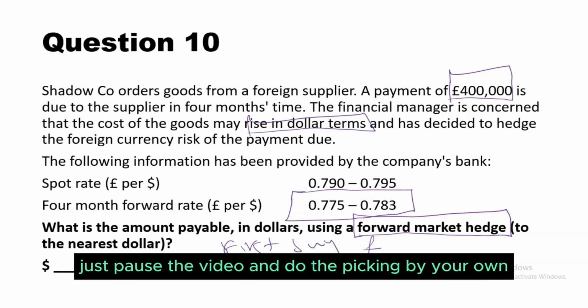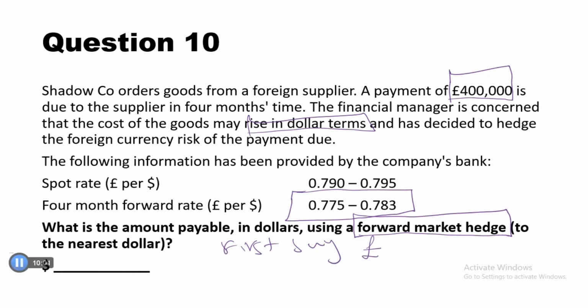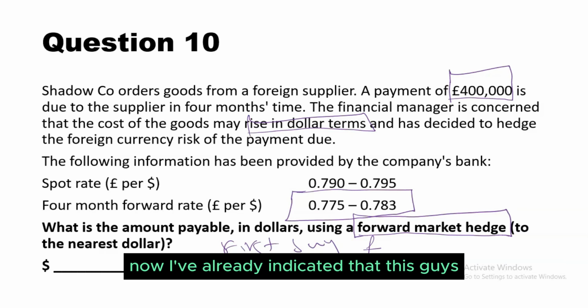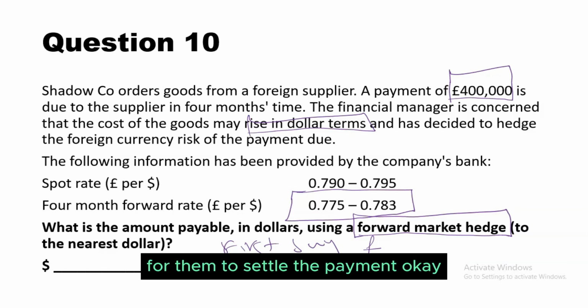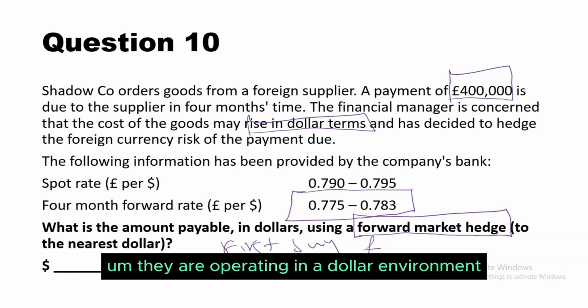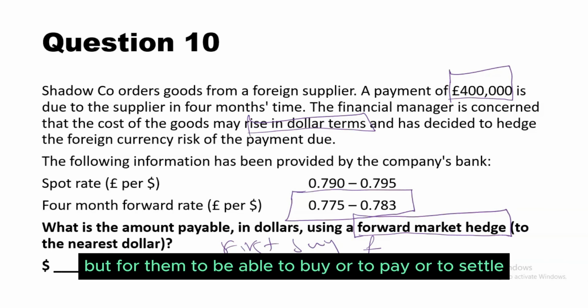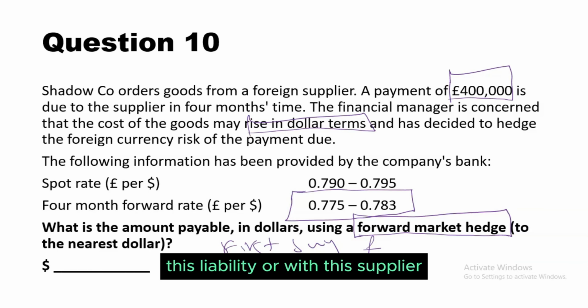Just pause the video and do the picking on your own. Okay, now I've already indicated that these guys needed to buy pounds for them to settle the payment. They are operating in a dollar environment, but for them to settle this liability with this supplier, they need to buy pounds.